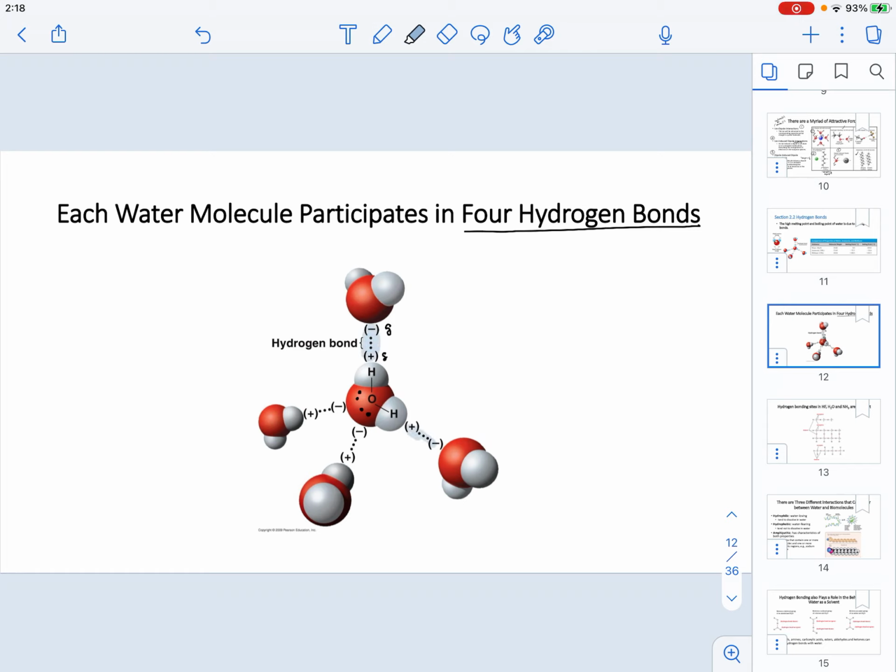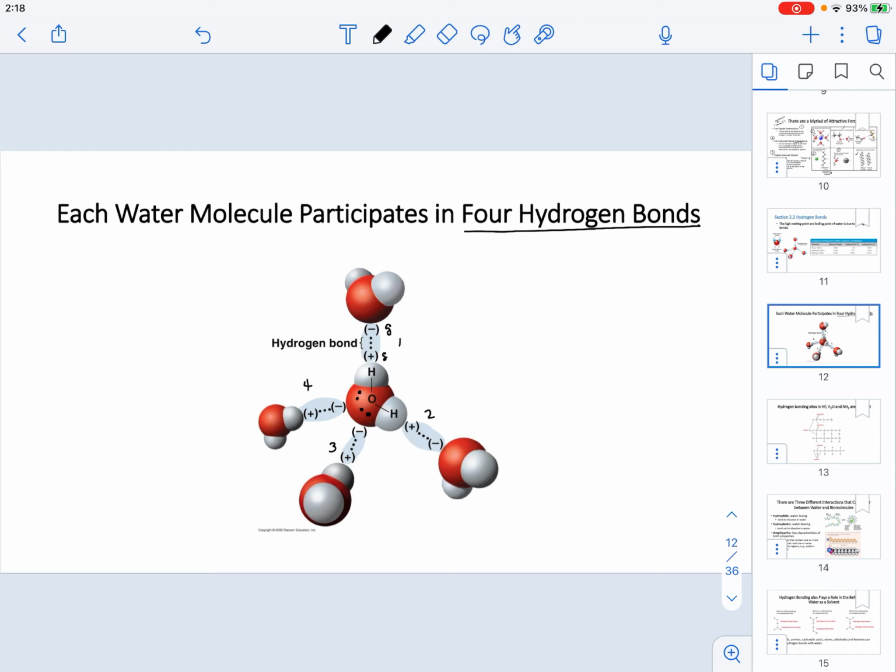Each one of them does that. That's where 2 come from. The other ones are because the oxygen atom of the center water molecule interacts with hydrogens of neighboring water molecules. That's where the 1, 2, 3, 4 hydrogen bonding events come from in water molecules.